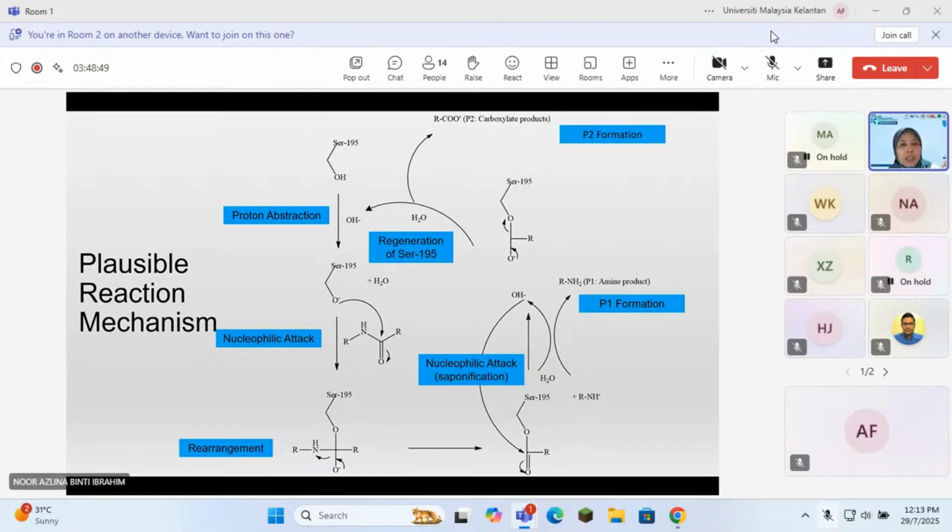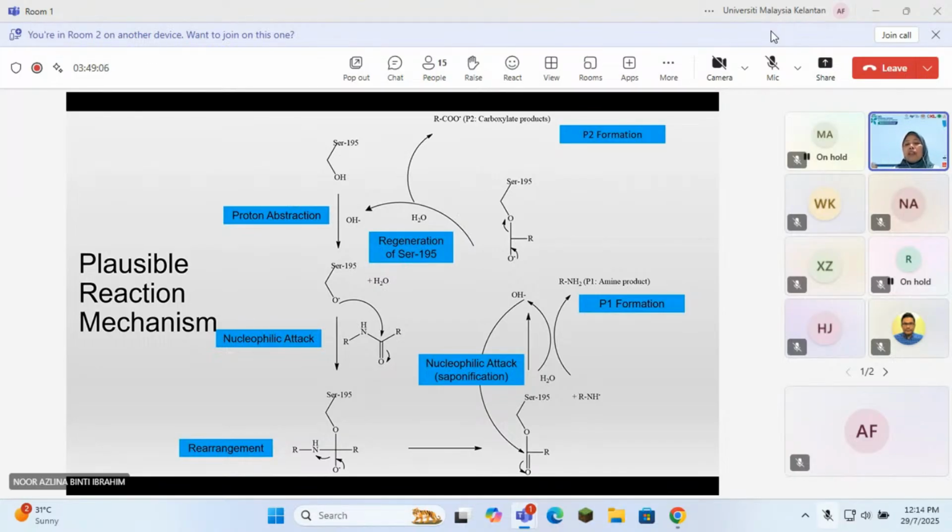The proton abstraction happens at the serine, then the nucleophilic attack, rearrangement of the structure, then they are able to produce product by nucleophilic attack.